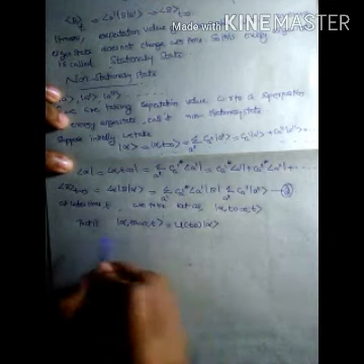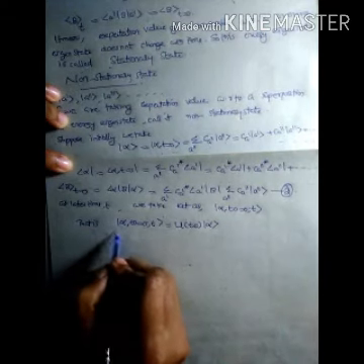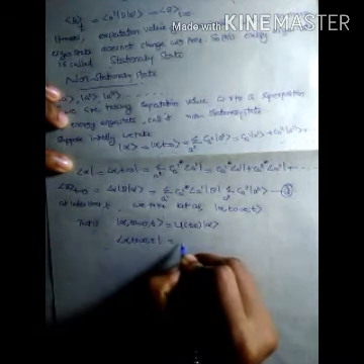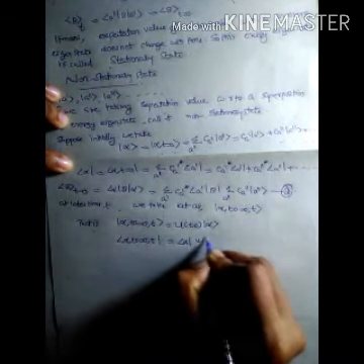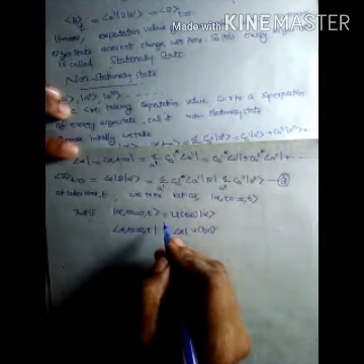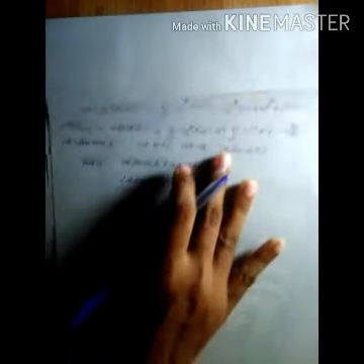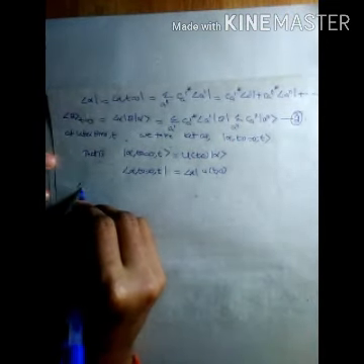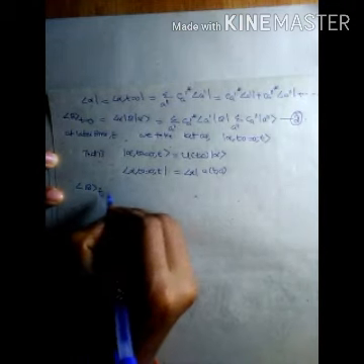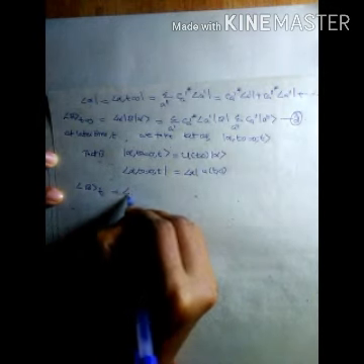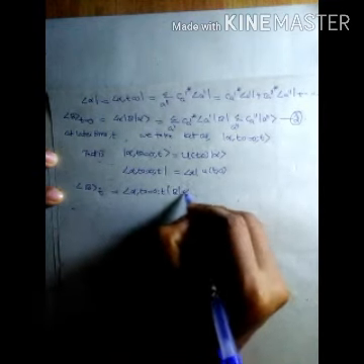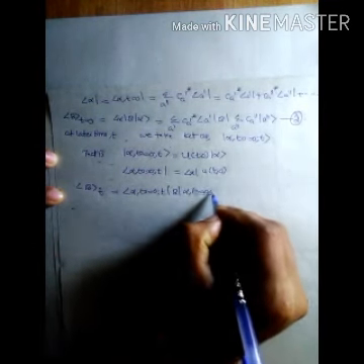Take the bra of the ket, which gives <alpha, t0=0; t| equals <alpha|U-dagger, and we are going to find the expectation value of the observable B at time t, which is <alpha, t0=0; t|B|alpha, t0=0; t>.